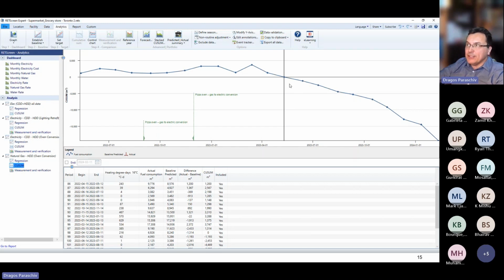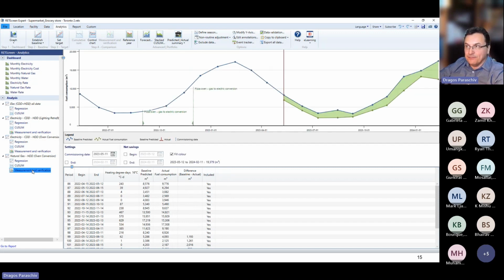So we are reducing the energy consumption on the natural gas side, but we have increased consumption on the electricity side. And we need to be aware of this aspect so that we can have, from the facility operator, facility owner perspective, the full impact of the project.